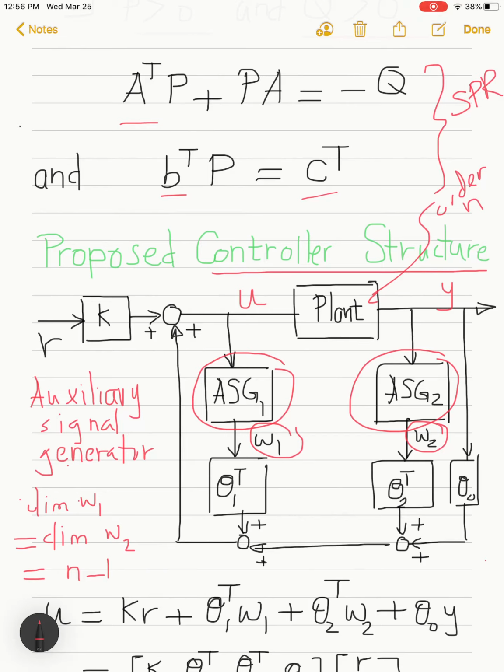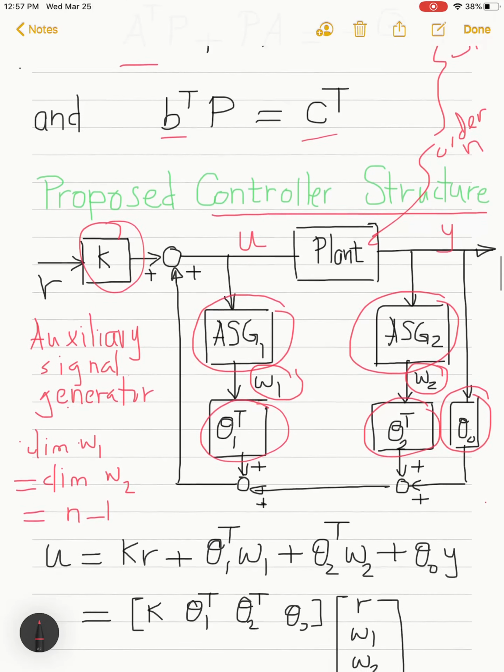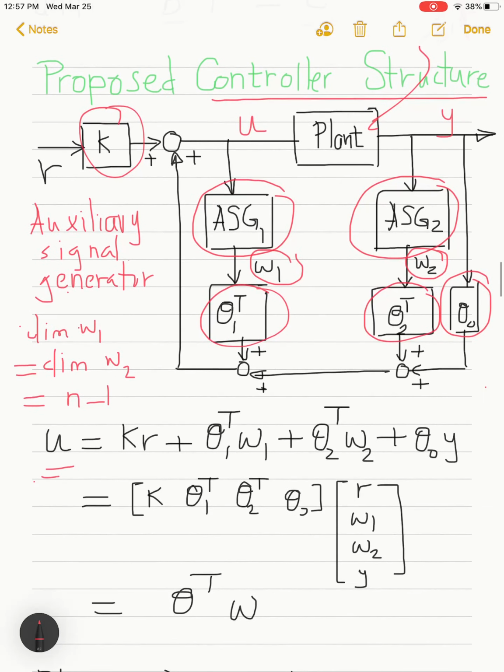Once we generate these two auxiliary signals, we form the control law as some gains multiplied by y, omega 2, omega 1, and r. So we can write an expression for the control signal as k times r, then theta 1 transposed times omega 1, and theta 2 transposed times omega 2, and finally again theta naught times y, which is here.